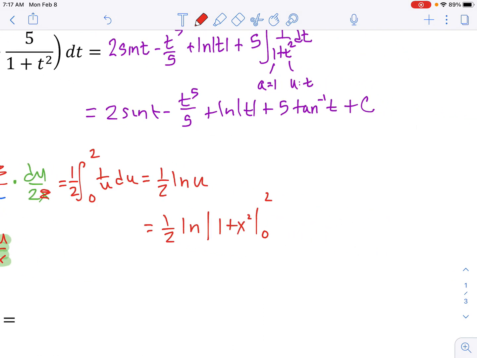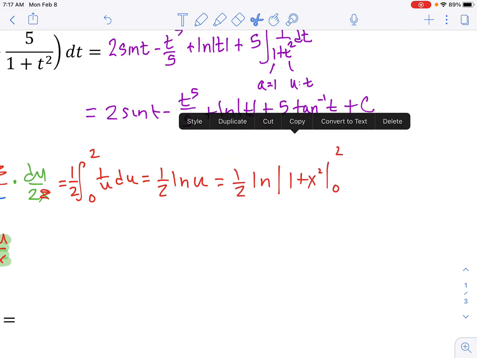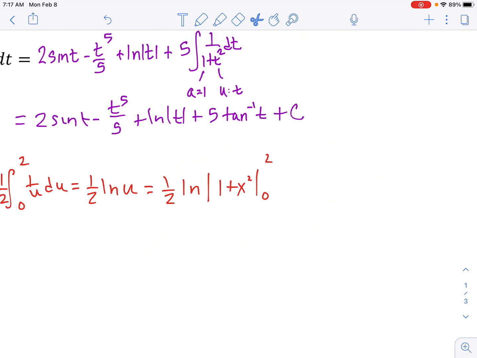Okay, so we have then 1/2 natural log of 5. Let's show you where that 5 comes from. 1 plus 2 squared, minus 1/2 natural log of 1 plus 0 squared.